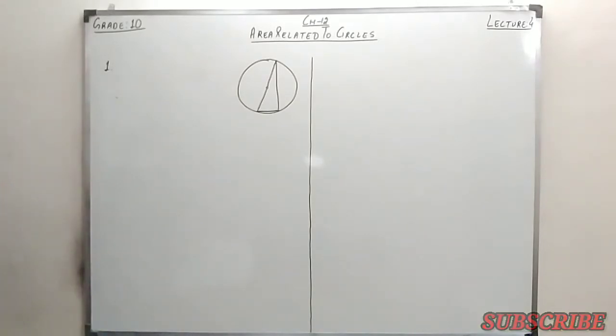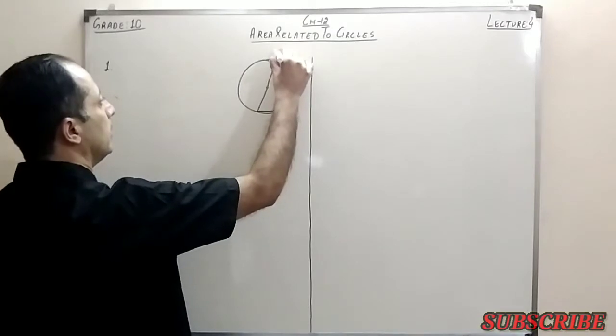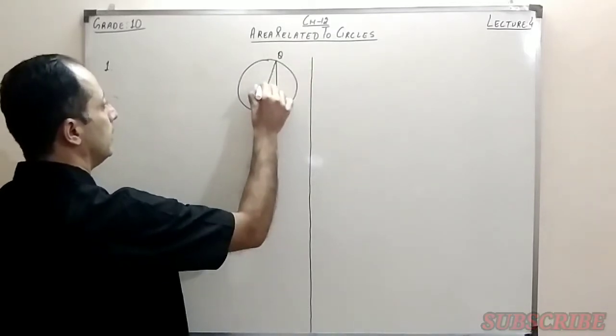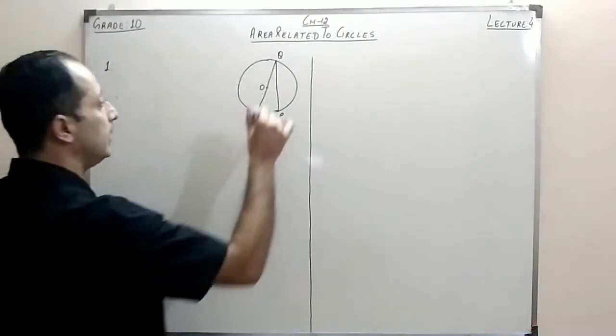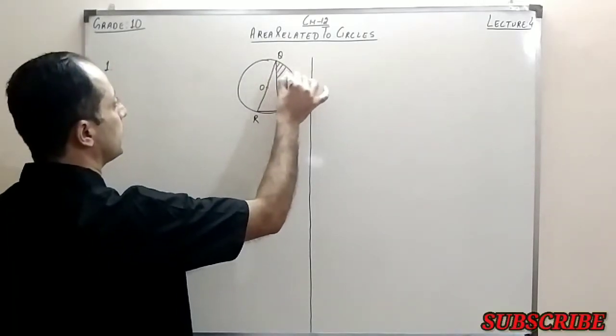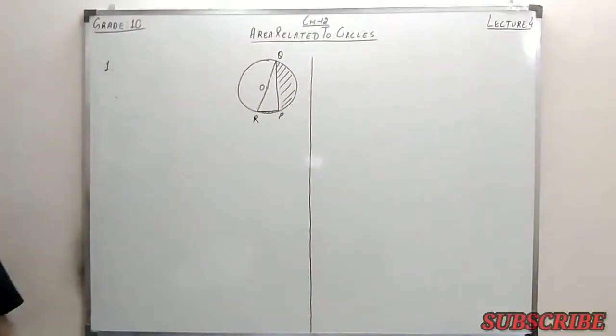And that's the center. So I give the naming: this is P, Q, R, and this is O. Now what we have to find is the area of this shaded portion.